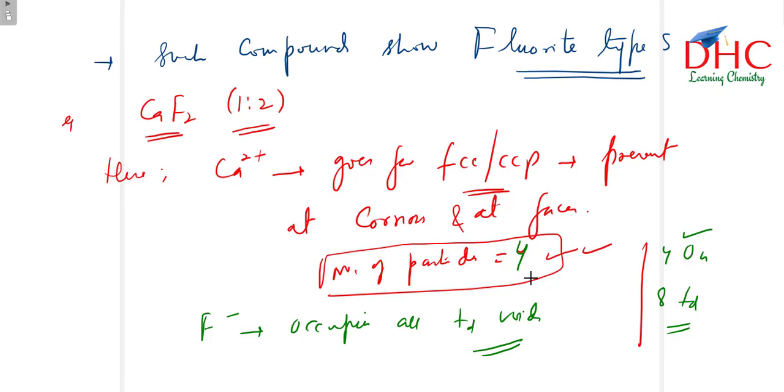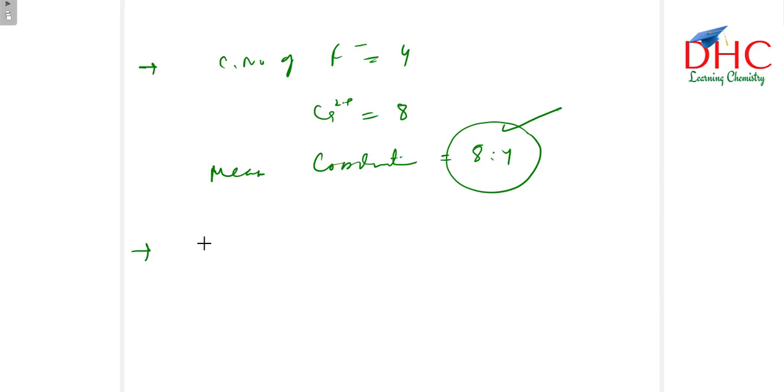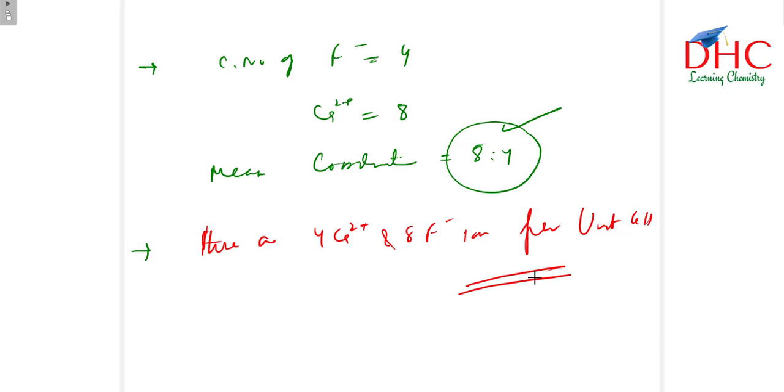So there are 4 calcium ions and 8 F negative ions per unit cell in fluorite type structure.